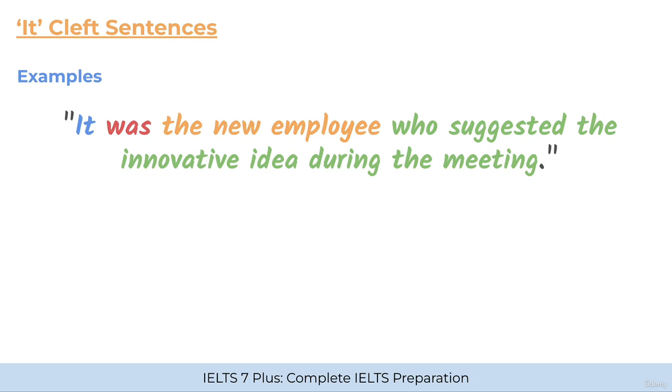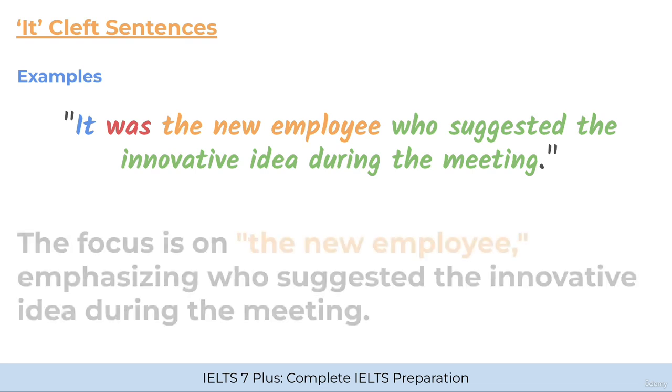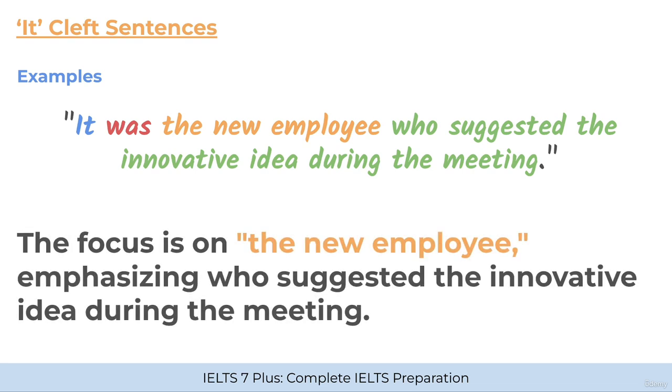No, not in this case. So we need to add on an independent clause, and we've got our relative pronoun who, talking about the person, quite formal here, who suggested the innovative idea during the meeting. Okay, so a bit more detail. The focus now is on the employee, the new one, who suggested the innovative idea during the meeting.